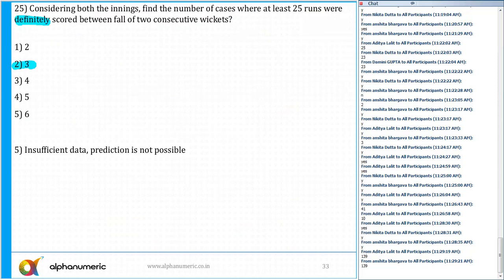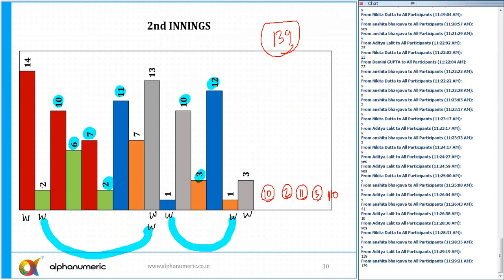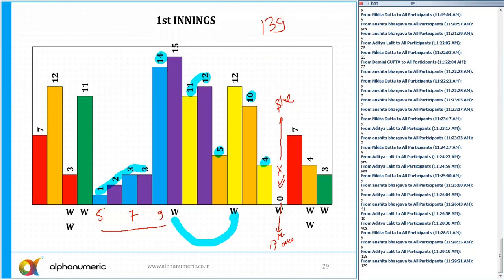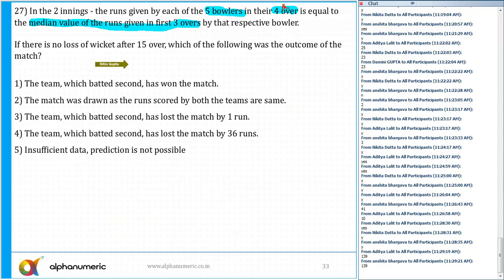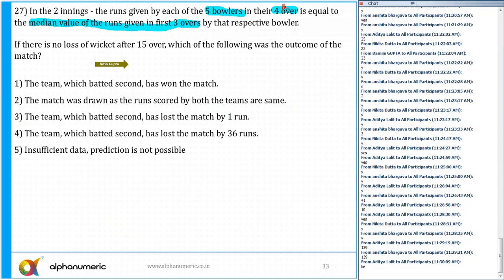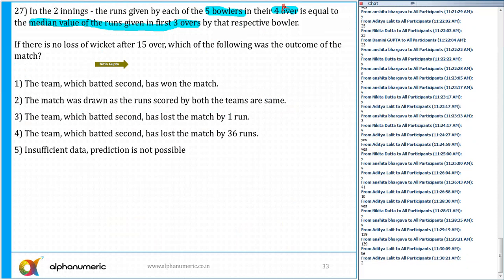Okay. First inning, the runs scored is 139. And the second inning also the total runs given was 139. So what is the outcome of this match? Please tell me now. Tie. So option 2.